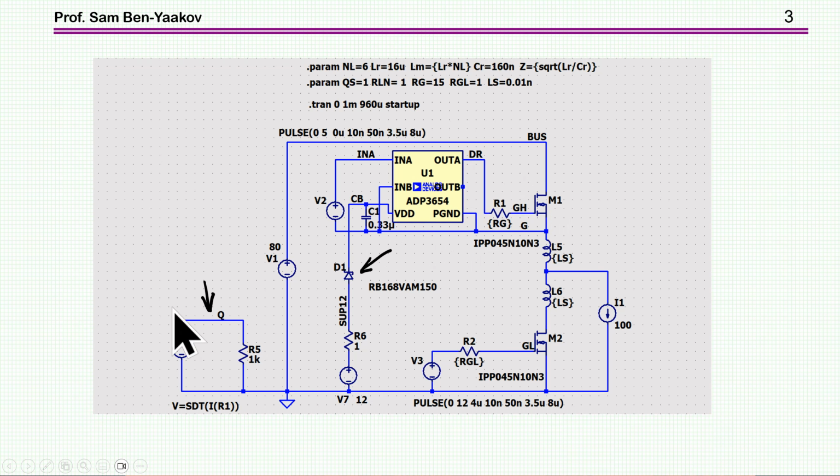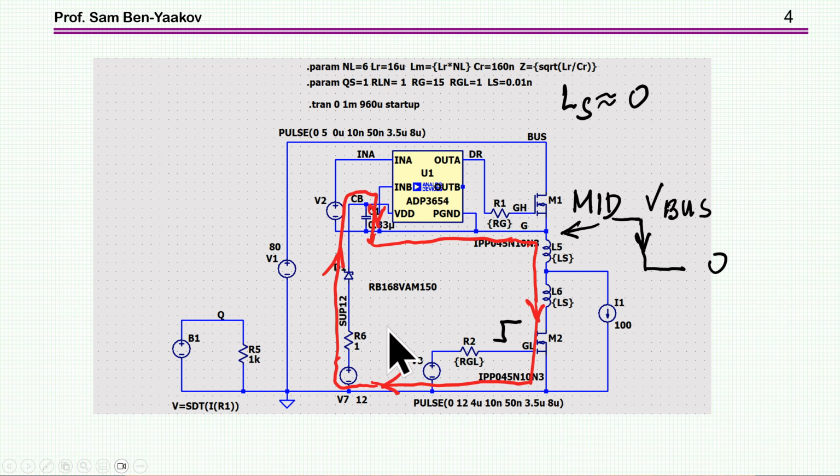I've also put here an auxiliary circuit to generate the Q. This is the charge that goes into the gate, and this is done by taking the integral of the current of this resistor, which is the gate current, so we can see the total charge going into the gate. Okay, so this is the simulation circuit.